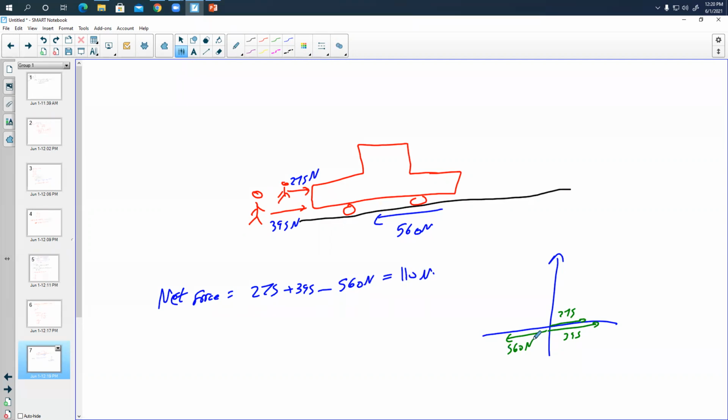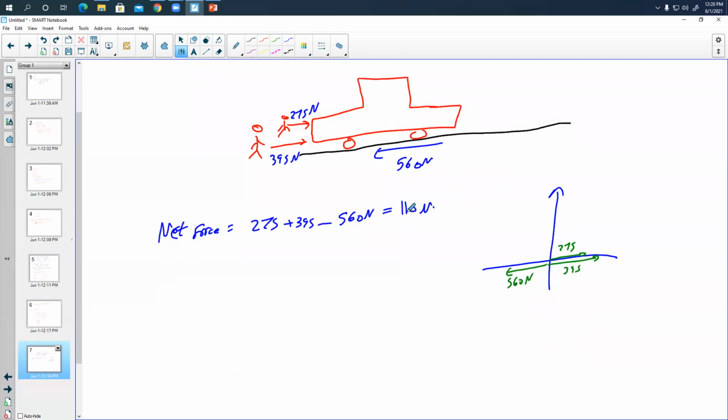Now let's say the car mass was 1850 kilograms. Find the acceleration.